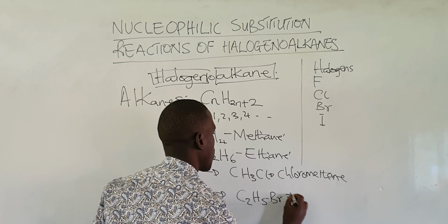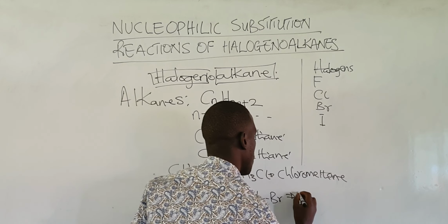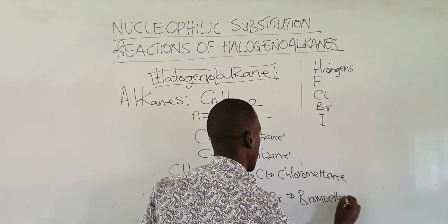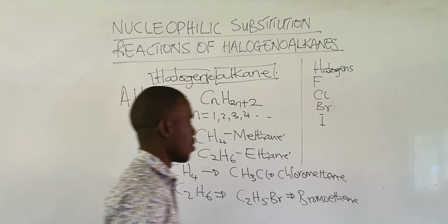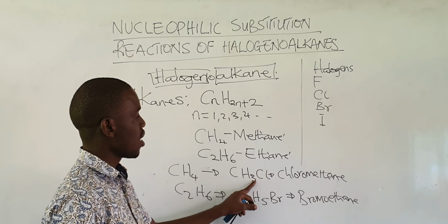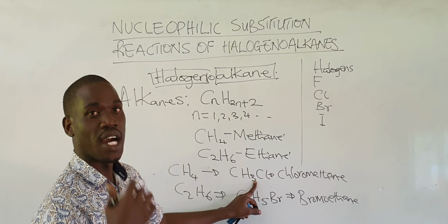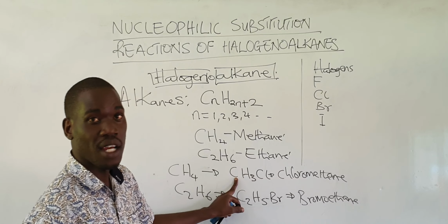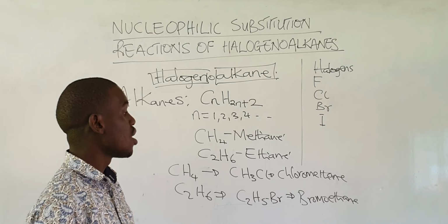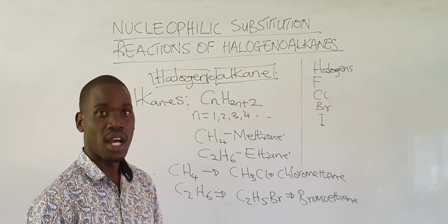C2H5Br, our compound here is bromoethane. Chloromethane is a halogenoalkane with one carbon atom; here we have a halogenoalkane with 2 carbon atoms.